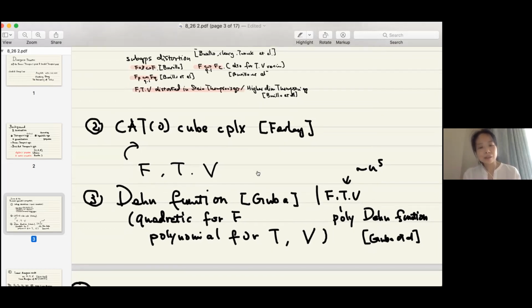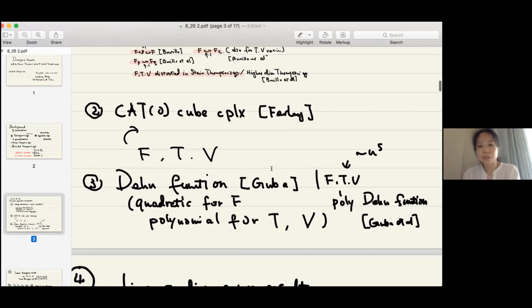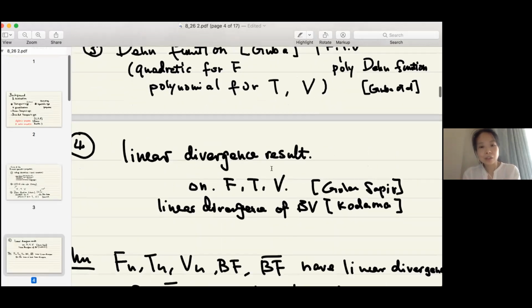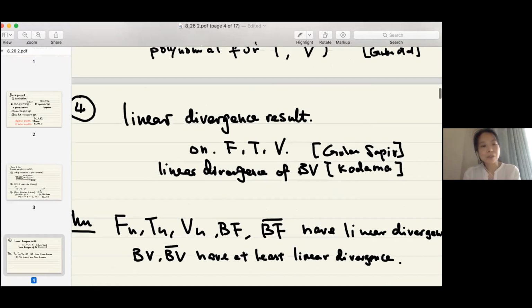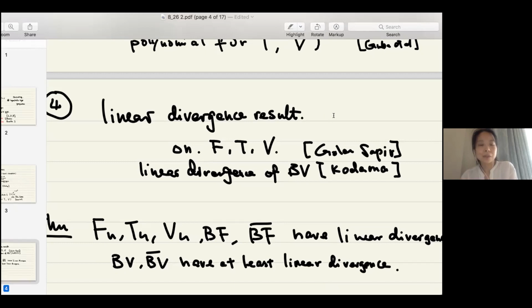And then there are also Dehn function results for Thompson's group F. The Dehn function is quadratic, and for T and V it is polynomial. And last but not least, and this is far from complete, this is the main result that really motivated me to look at the geometry of generalizations of Thompson's groups.